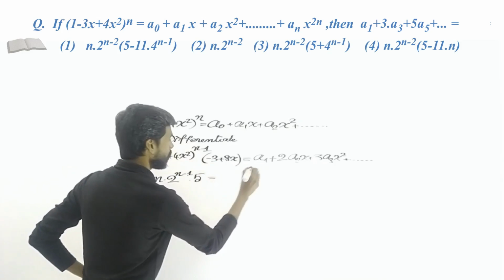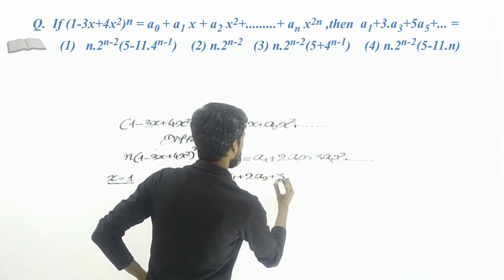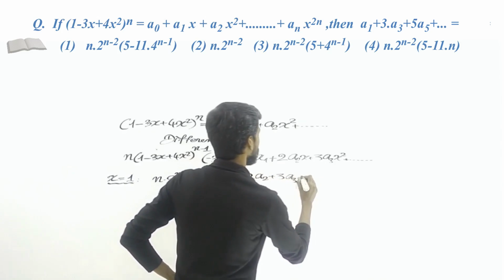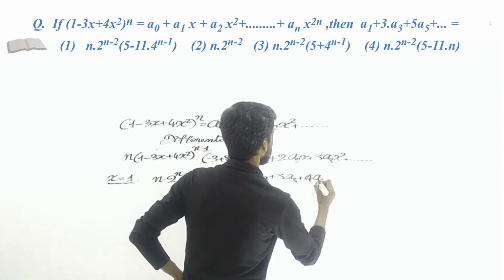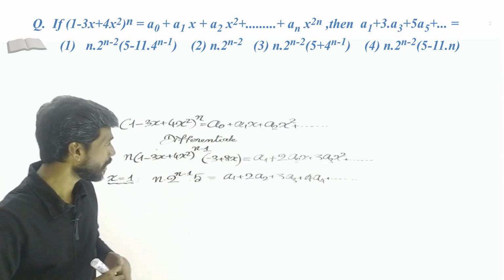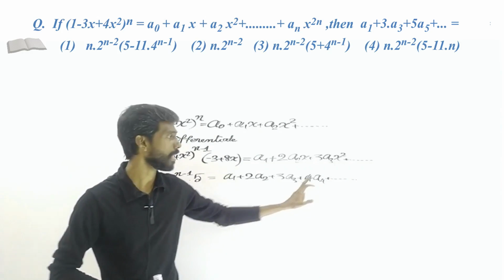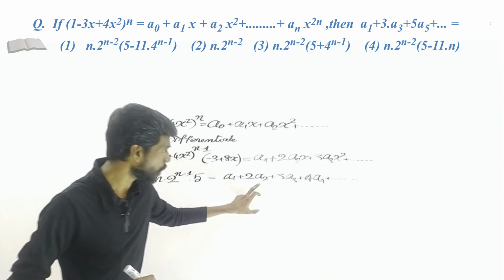That equals a1 plus 2a2 plus 3a3 plus 4a4, etc. But even this is not required because we only need the odd values, a1, not a2, but a3, and then a5, etc. Only odd values.